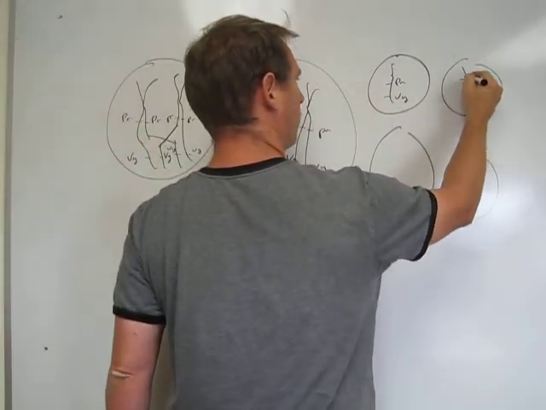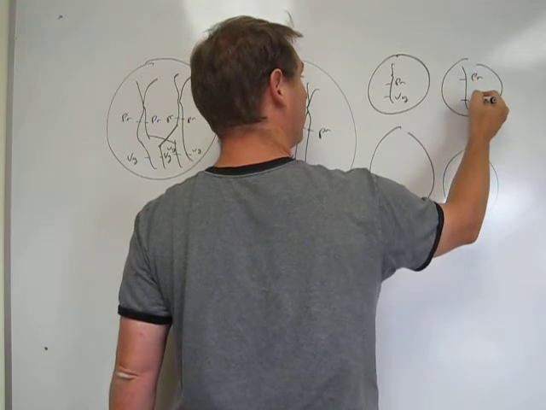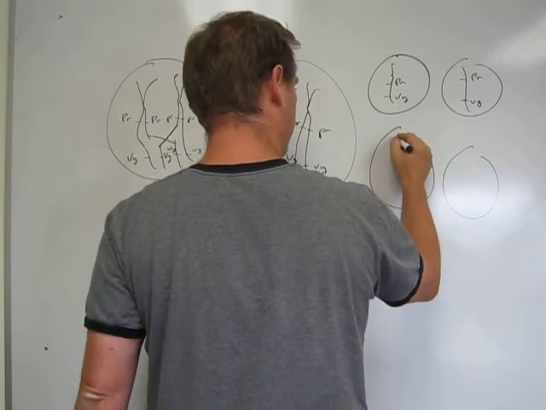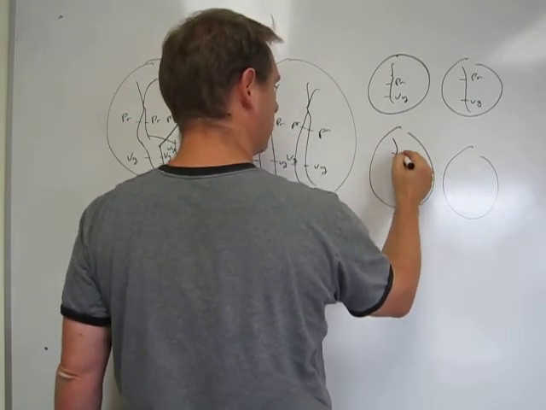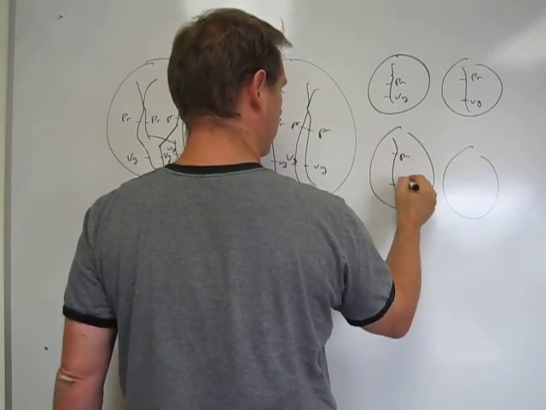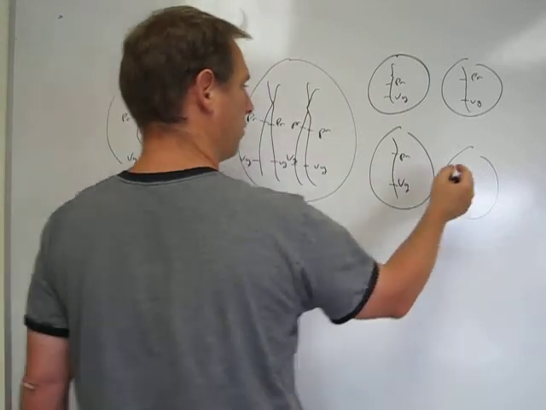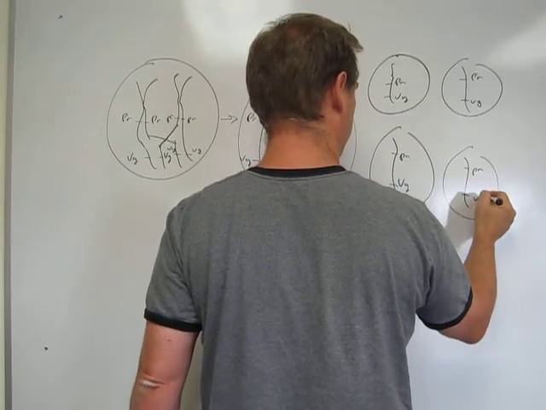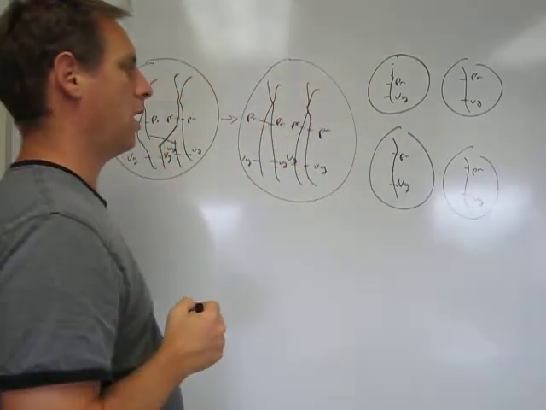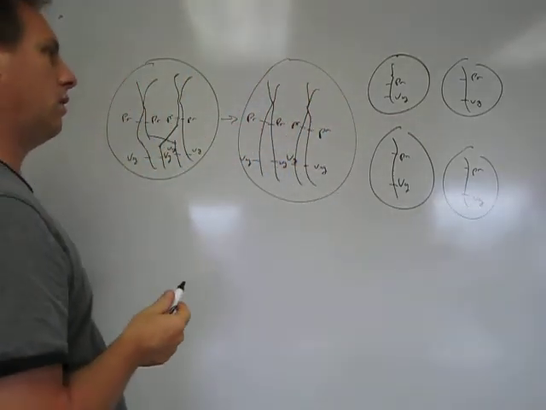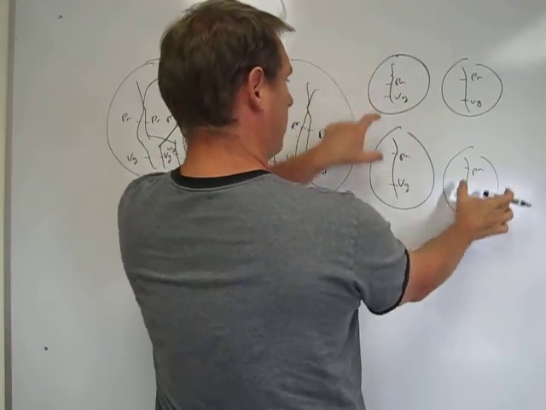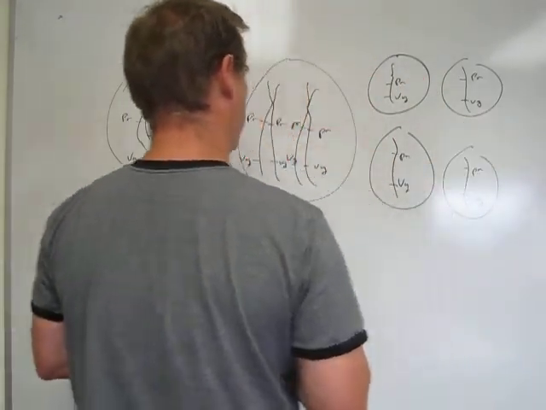And then you also get big PR, little VG. And then you get the corresponding reciprocal of this one here, which is little PR, big VG. And then finally you end up with little PR, little VG. Now in this particular case, these are what you would call the parentals, and these would be what you would call the recombinants.